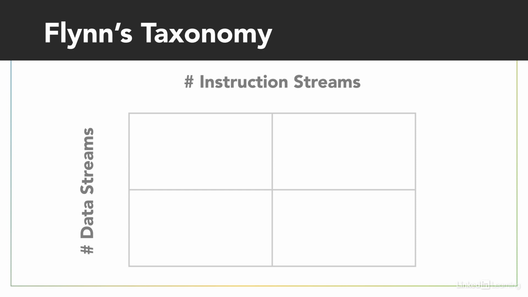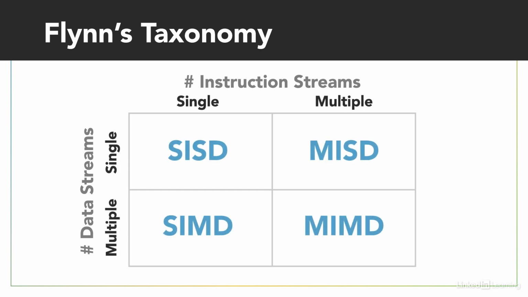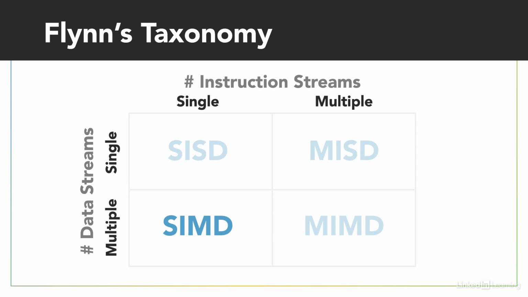The class names are usually written as 4-letter acronyms that indicate whether they have single or multiple instruction streams and data streams. For example, SIMD stands for Single Instruction, Multiple Data.